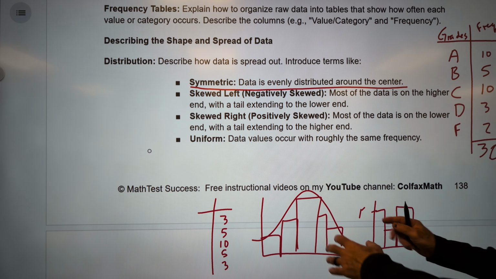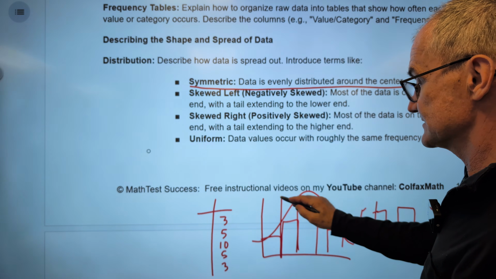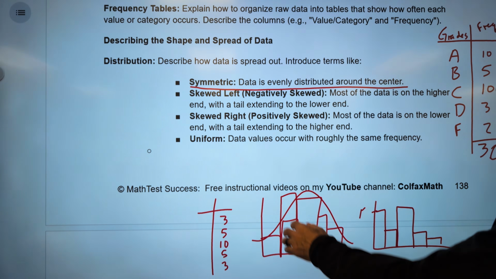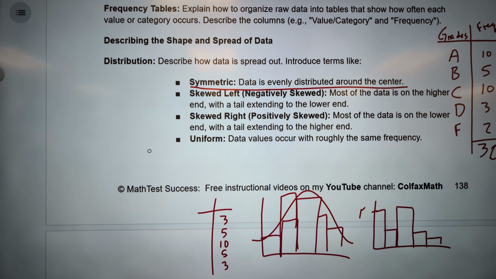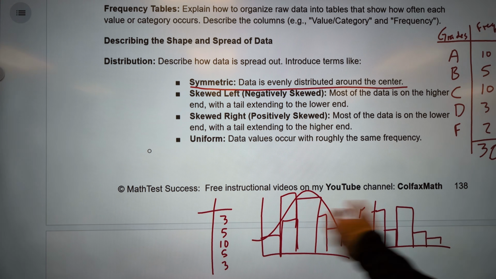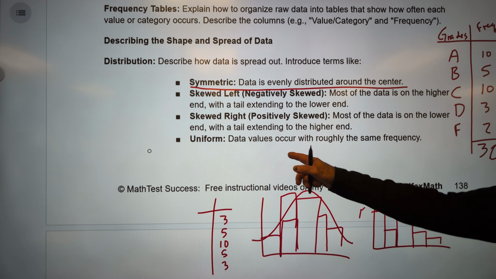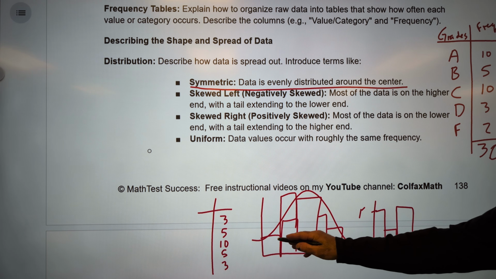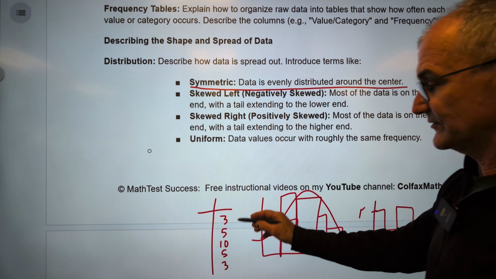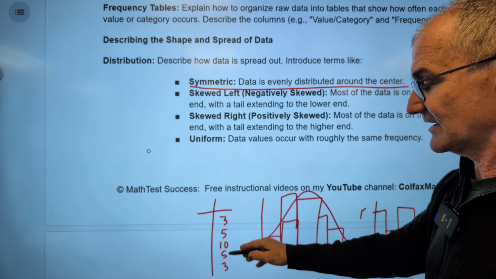If the data is heavily this way, so there's more data here, that would be called skewed left. And then the reverse of that would be skewed right. And then uniform data means that it's basically the same frequency, like 5, 5, 5, 5, 5.